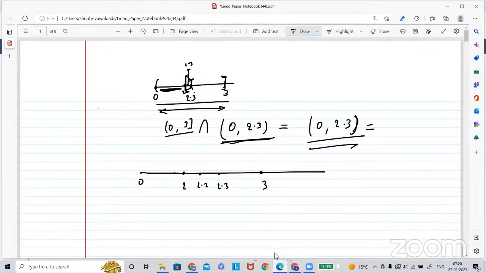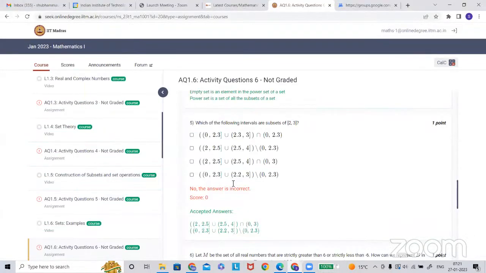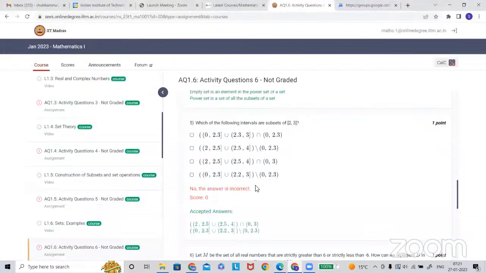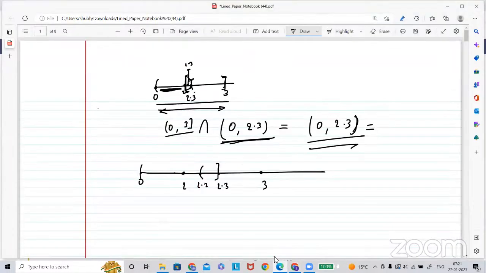In the last fourth option, you are taking the union of the first one, open 0 to close 2.3, and the second one, 2.2 to close 3.